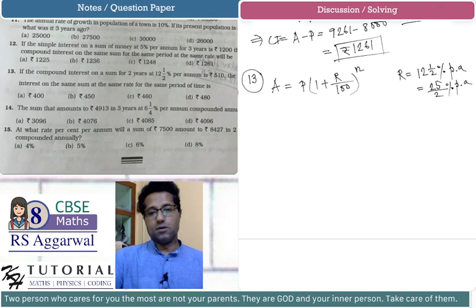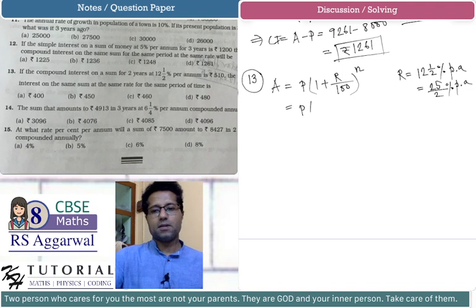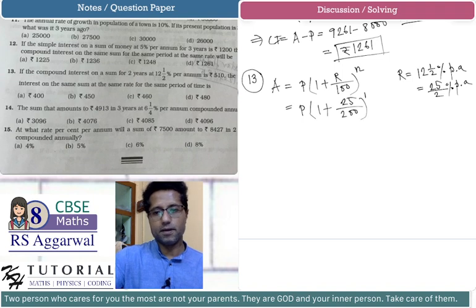Okay, so this is equal to P multiplied by (1 plus R), where R is given to be 25 by 2. So this becomes 25 by 200, to the power n, where n is 2 because the duration is given to be 2 years.